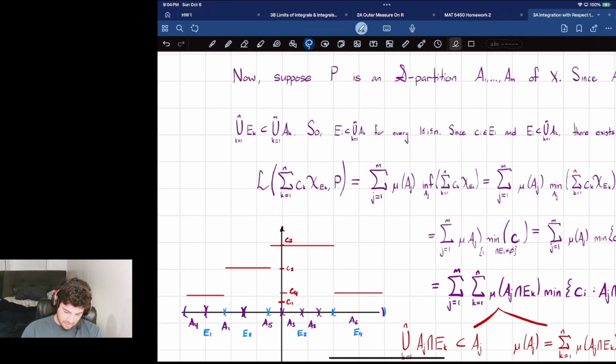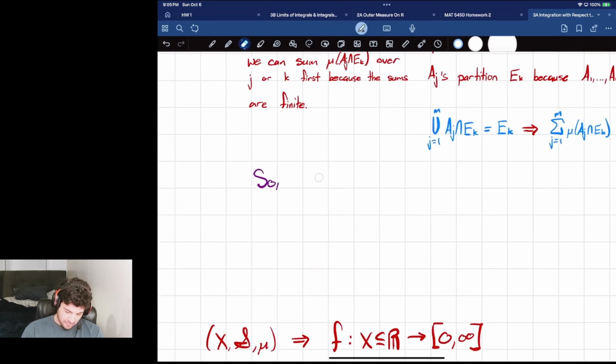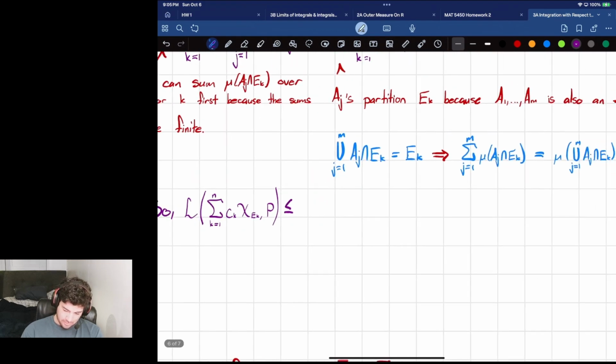Copy this. So this is less than or equal to.